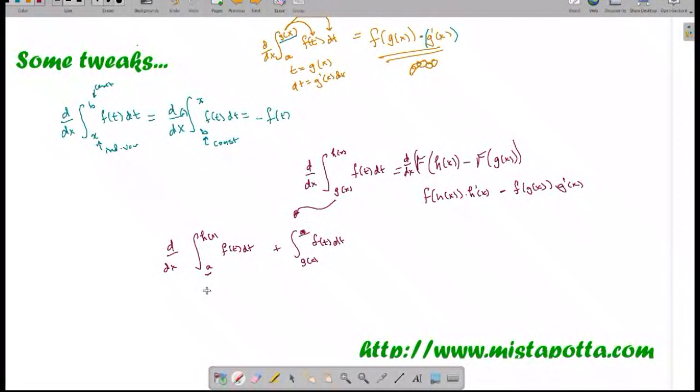So this ends up being f of h of x times h prime of x by this gold example that we did up here, minus, because these limits are in the wrong order from the blue example over here, f of g of x times g prime of x.